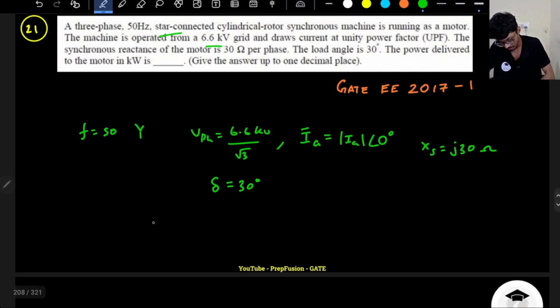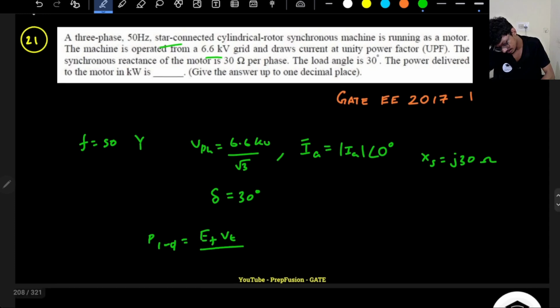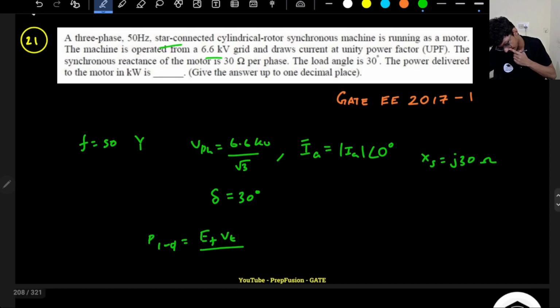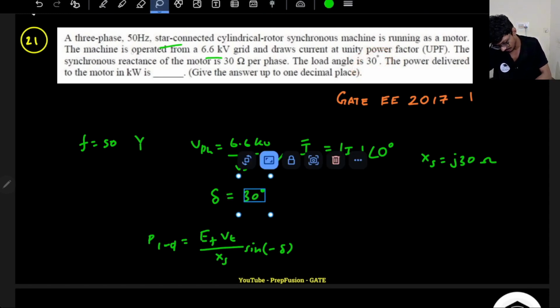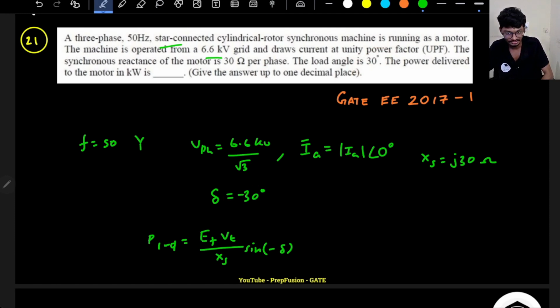It is simply per phase power. Single phase power will be EF VT by XS into sine of minus delta. Is the armature current magnitude given? No, it is not given. They have already given that the load angle is 30. Actually it is minus 30, but if they are telling you 30, they know that you know that it should lag.